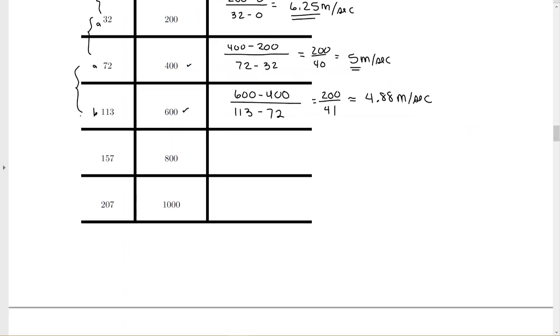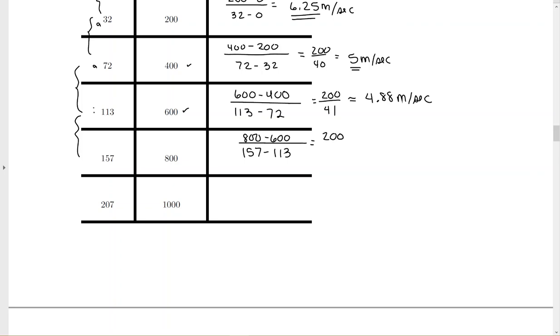Then we pick the next two. What happens between 600 meters and 800 meters? Well, find the average rate of change, 800 minus 600. Notice the numerators are all 200 because you're 200 meters apart here. And then we're at 157, that's my big, minus the 113, that's your small.